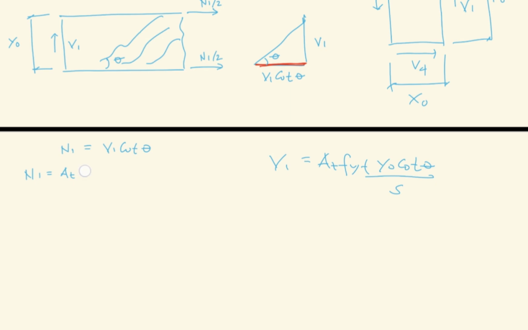A sub t fyt y sub o cotangent theta divided by s, and then multiplied by another cotangent theta. This will give us At fyt y sub o cotangent squared theta divided by s. So this is our N1.